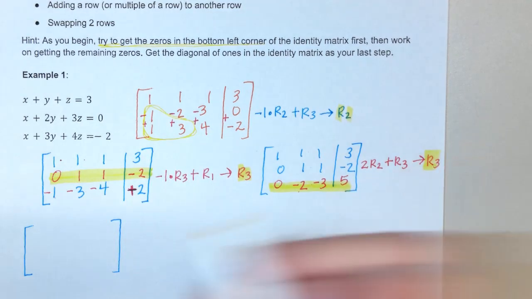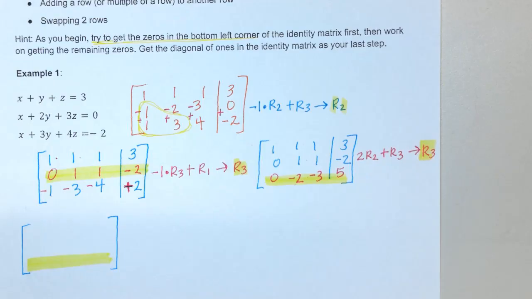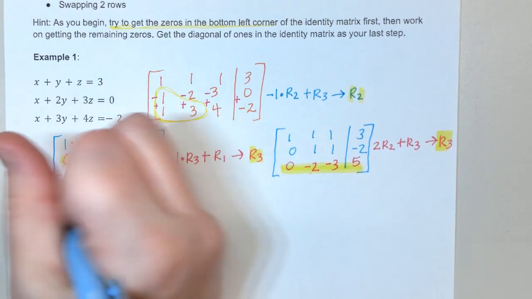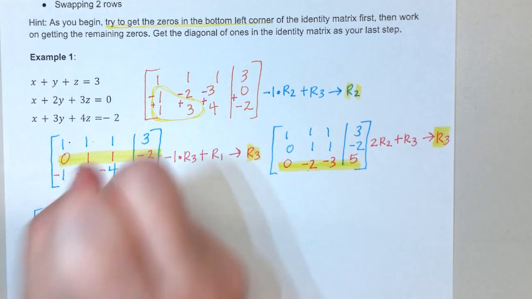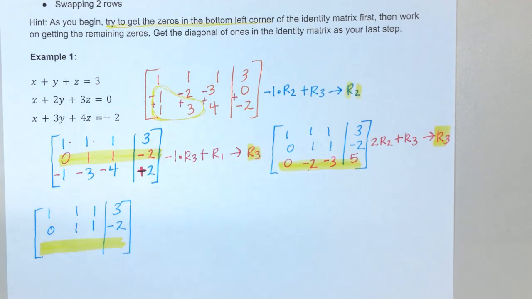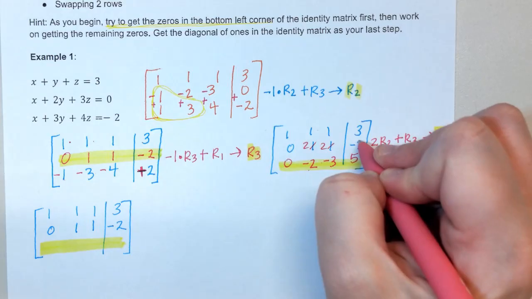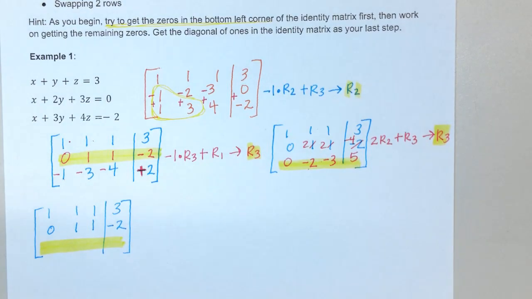So we're changing row 3. Copy over the top 2 rows. I'm going to go ahead and multiply over here in this matrix. So we have that.